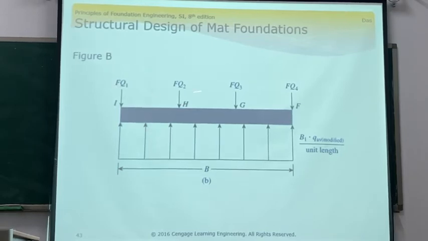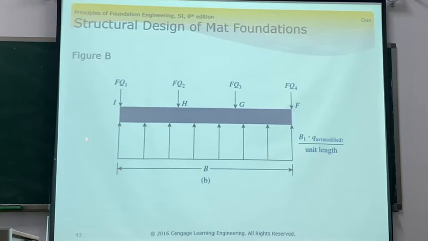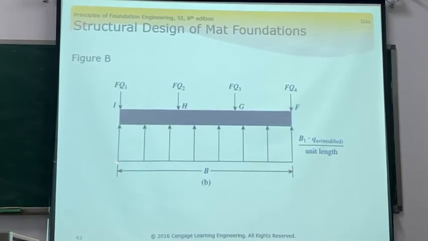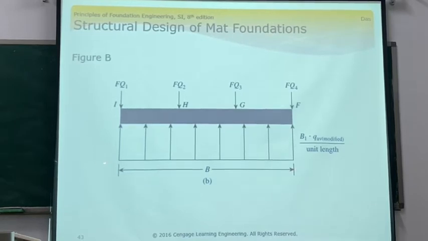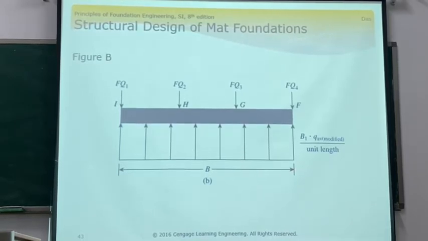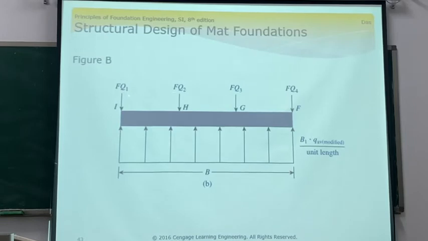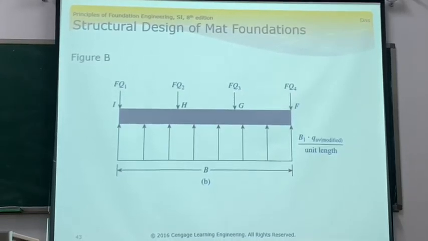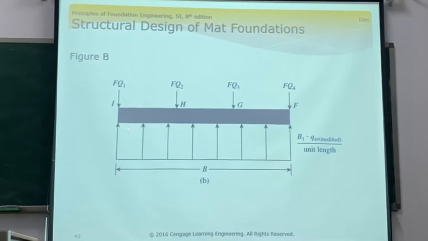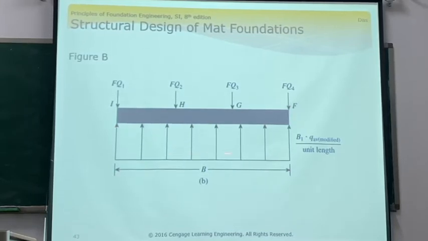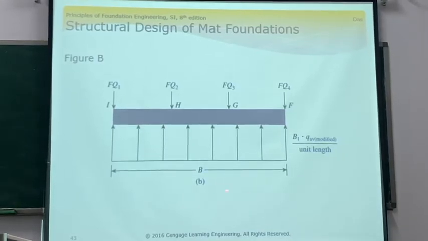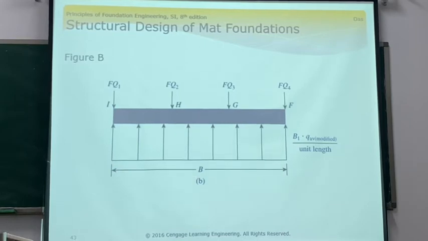If the load from the columns is the same, the pressure at the bottom of the foundation is uniform. If Q1 doesn't equal Q2, Q3, Q4, maybe this distribution is not uniform. Yeah, it's non-uniform, maybe like a trapezoid or a triangle and so on.